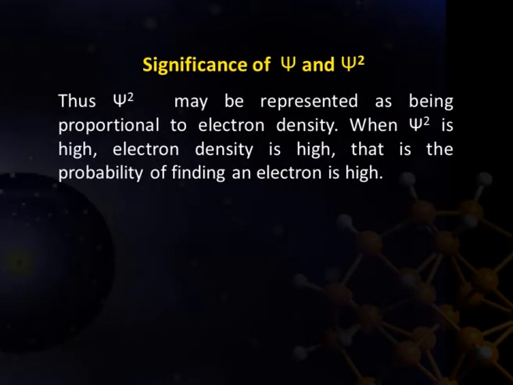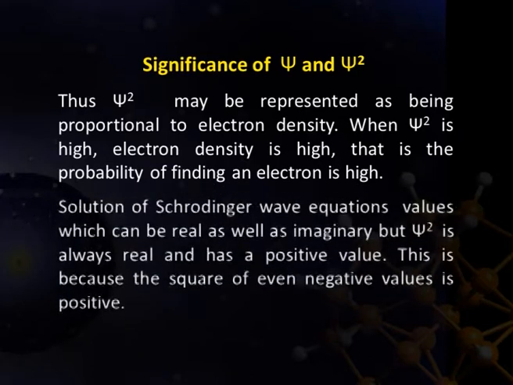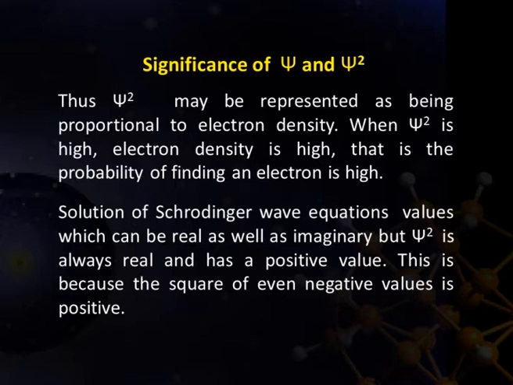Thus, psi square may be represented as being proportional to electron density. When psi square is high, electron density is high, that is, probability of finding an electron is high. Solution of Schrödinger wave equation may be real as well as imaginary, but psi square is always real and has a positive value. This is because the square of even a negative value is positive.